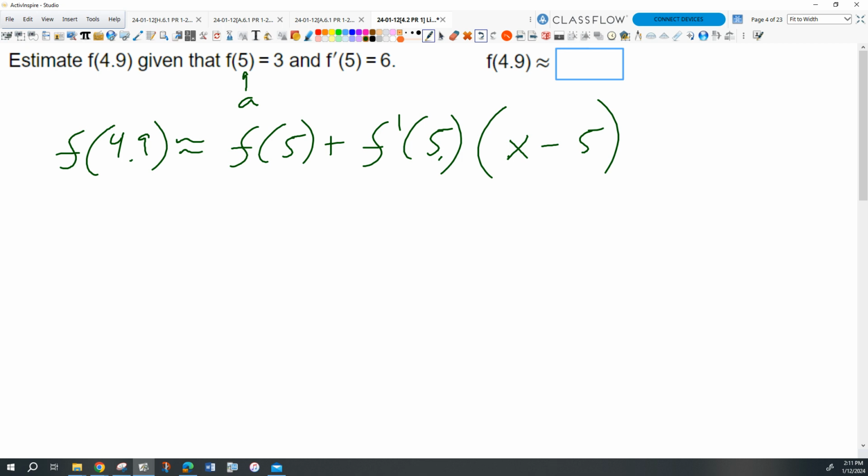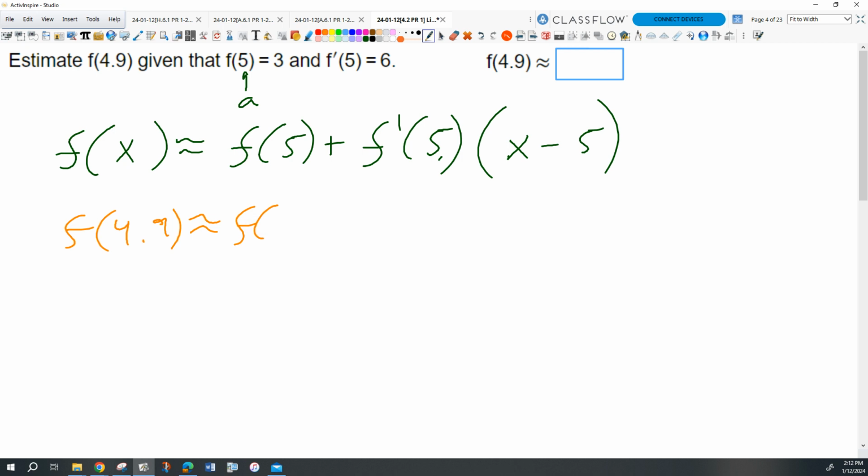If we're trying to estimate what f of 4.9 is, we would be plugging 4.9 in for x into our linearization. Really, what I did here is not totally right, because we're saying that f of x is approximated by this linearization, L of x. So now we could use that and say, okay, well, f of 4.9 is going to be approximated by L of 4.9.